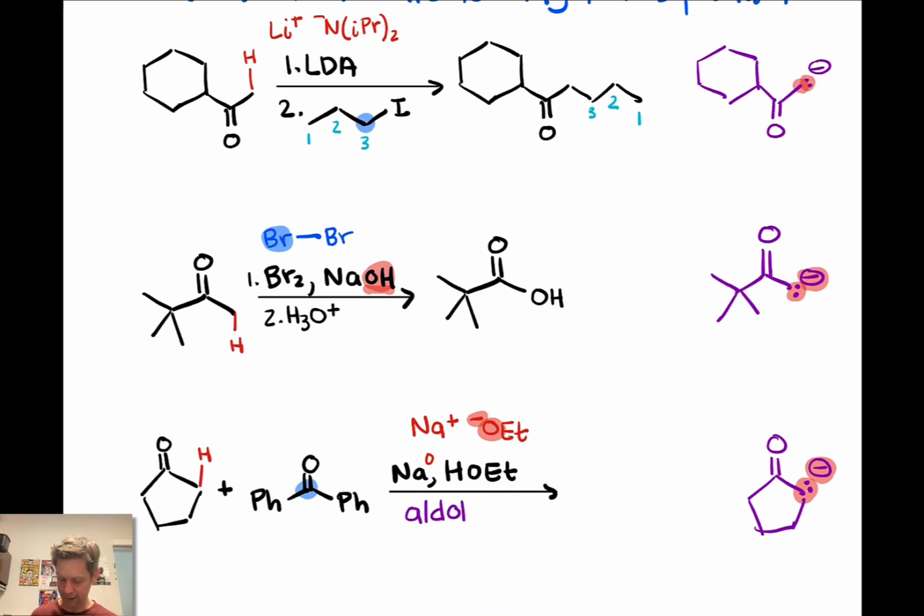And initially what we'll get here is exactly this nucleophilic addition. So we'll have cyclopentanone. We'll have a new bond to the carbonyl carbon of benzophenone. That carbonyl carbon is linked to 2 phenyl rings and an oxygen, and initially that will form an alkoxide anion. We can imagine protonating that with solvent ethanol, for example, and we would get this neutral beta hydroxy ketone.